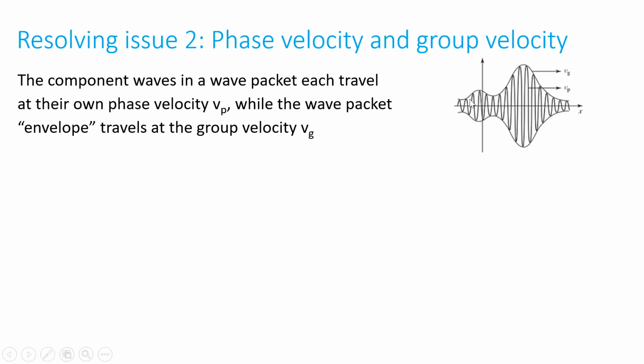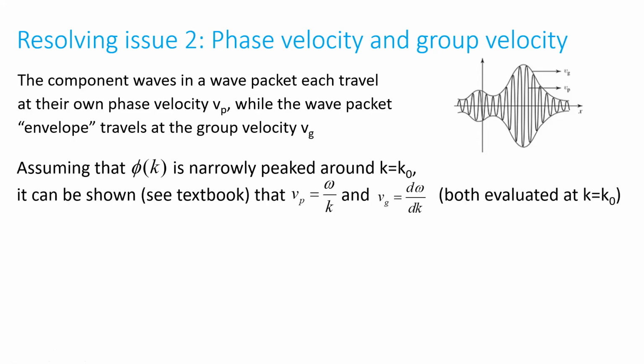So let's see what it works out to be for the quantum free particle. So assuming that our phi of k, our distribution of wave numbers making up our wave packet, is fairly narrowly peaked around a particular wave number, that will make the spreading fairly slow.